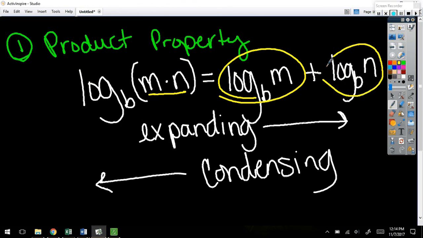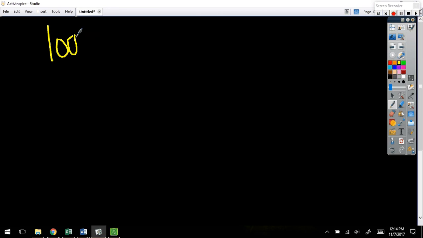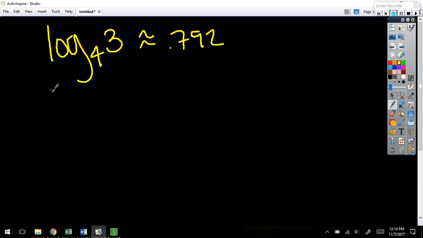All right, so this could be quite convenient if, let's say, you knew what this equaled and what this equaled. You could find out what it equaled together here. For example, let's say I knew that the log base 4 of 3 was approximately 0.792, and I knew that the log base 4 of 7 was approximately 1.404.